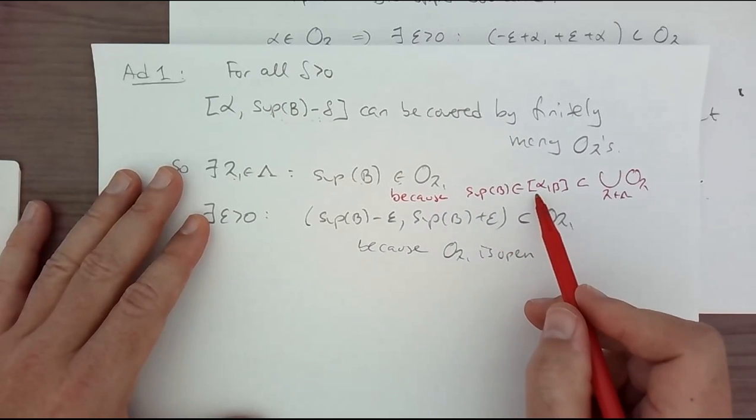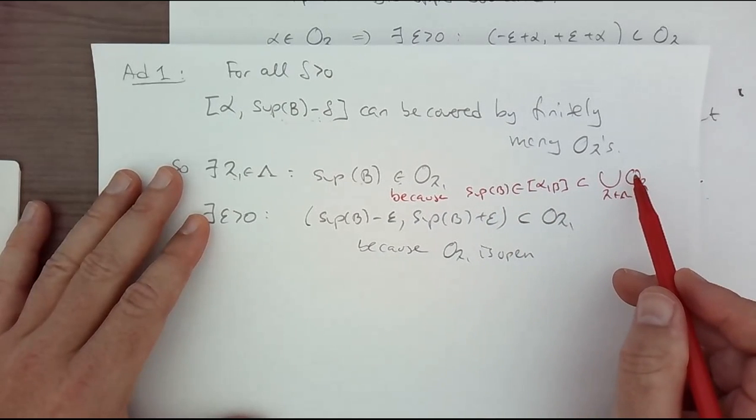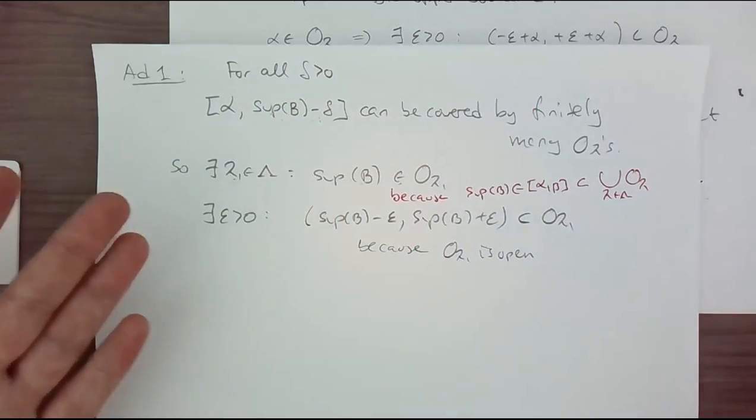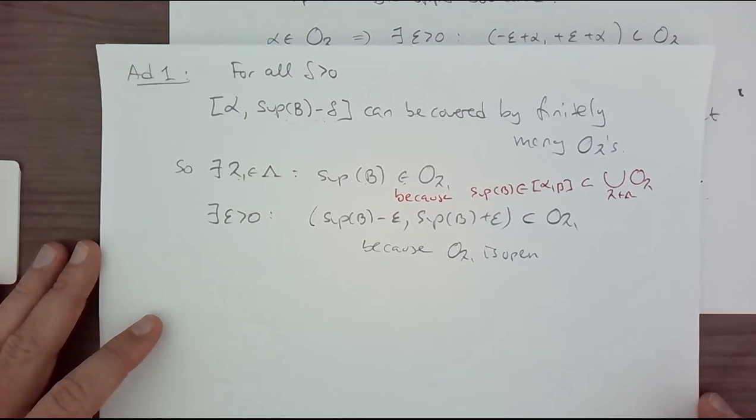So I have an element inside a union. If I have an element inside a union, it has to be in one of the elements that I'm taking the union of. Does that make sense?